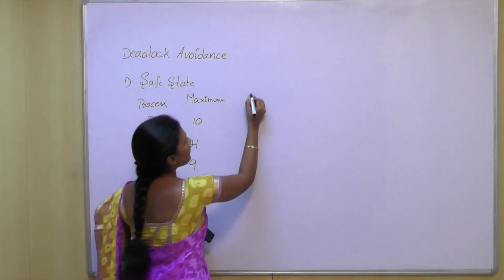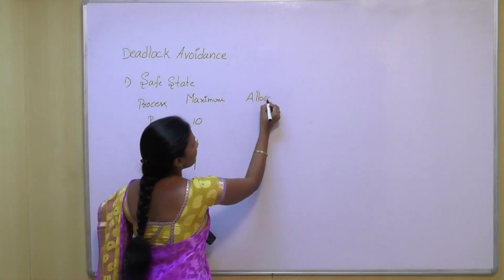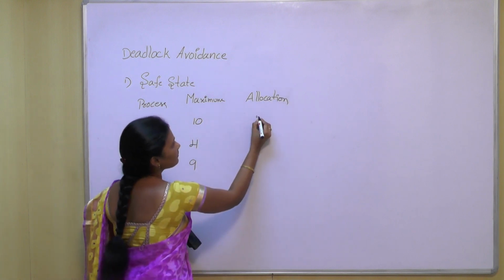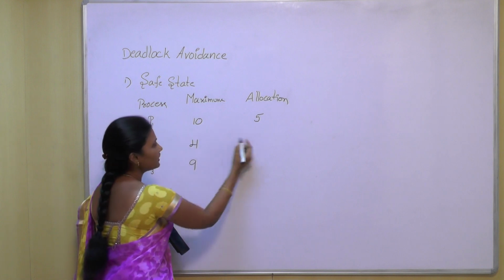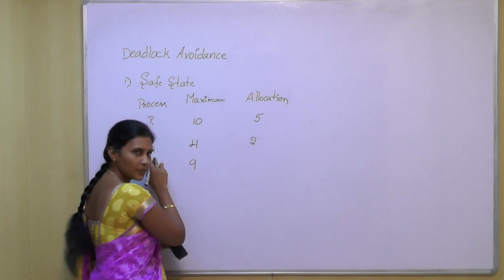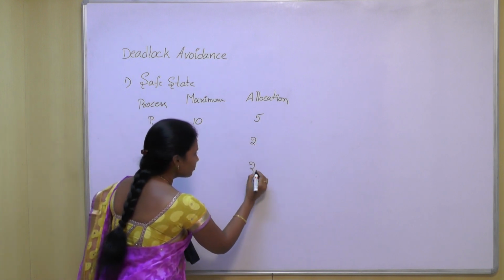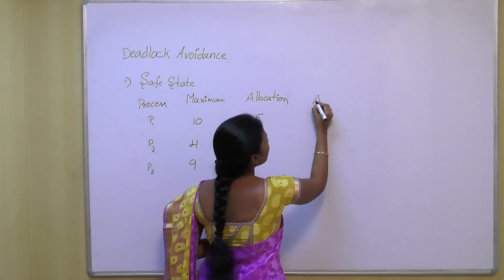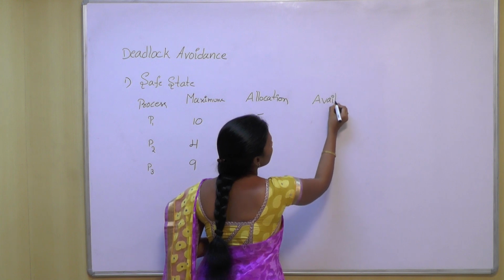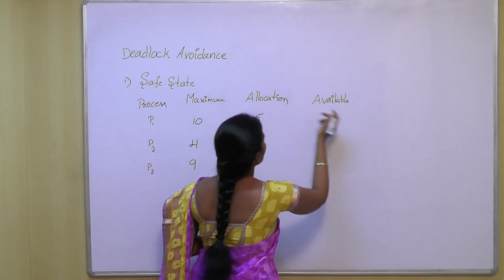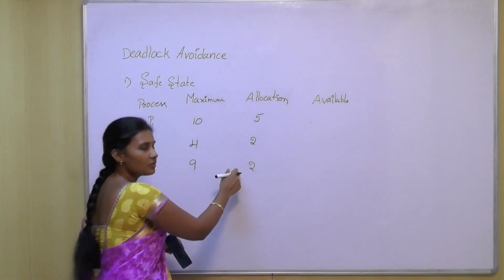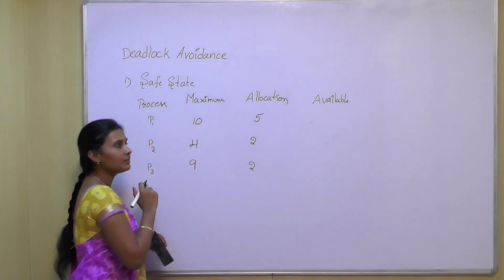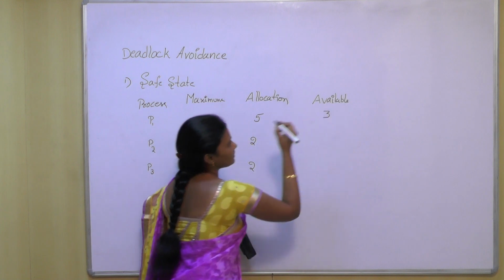But the current allocation is 5 to P1, 2 to P2 and 2 to P3. The available resources are 12 minus the 9 already allotted to P1, P2 and P3, so 3 resources are available.